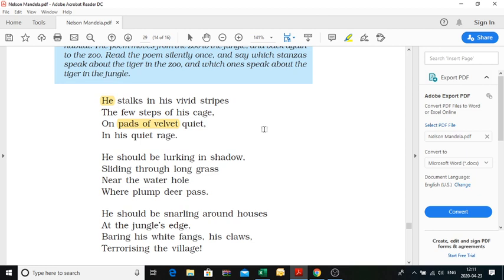Then what do we use? It. Fine. But our poet has used he for the tiger. Why is he calling him he? He is personifying him, like a person. You are taking him like a person. You are considering him like a person. That's why he is using he here. So the personification of the tiger is evident. That's why the poet is calling him he, not it.